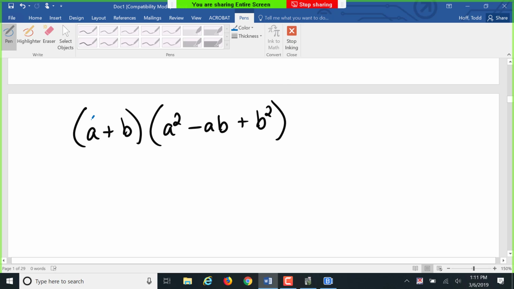So I'm going to start with the a. What is a times a squared? A to the third. Good. What is a times negative ab? Minus a squared b. Very good. What is a times b squared?